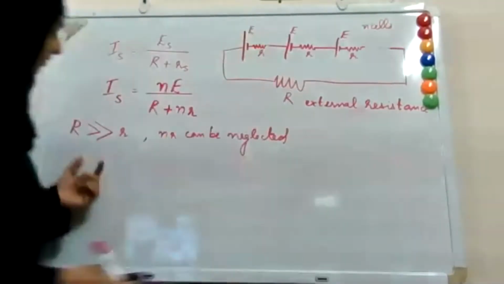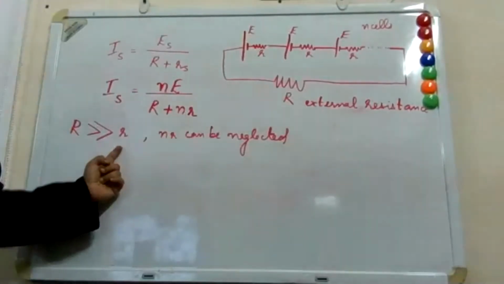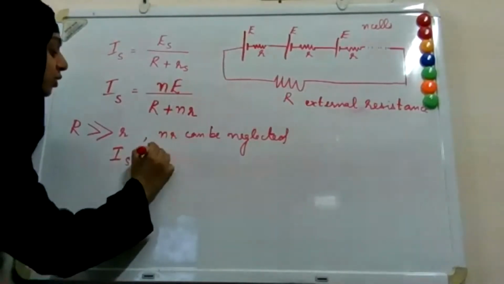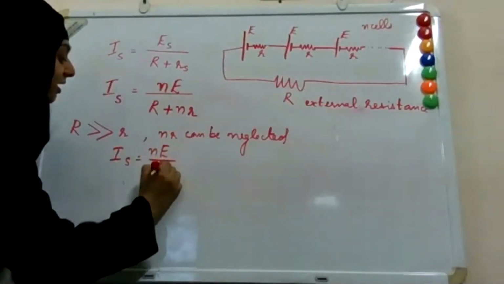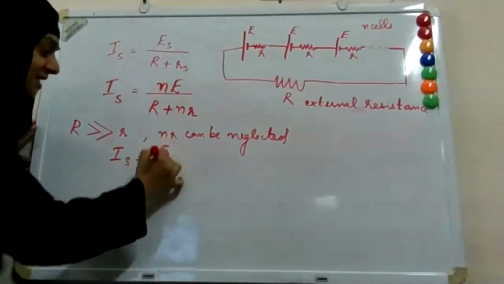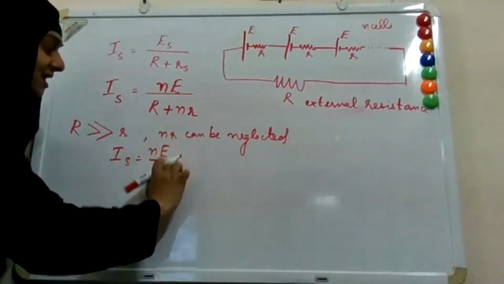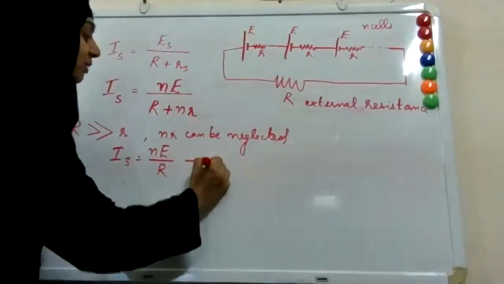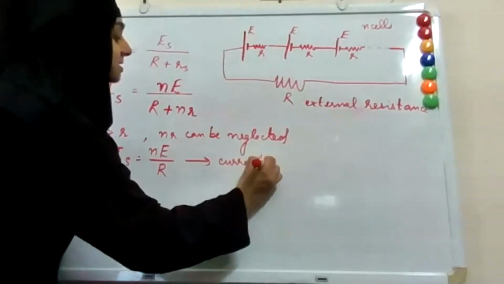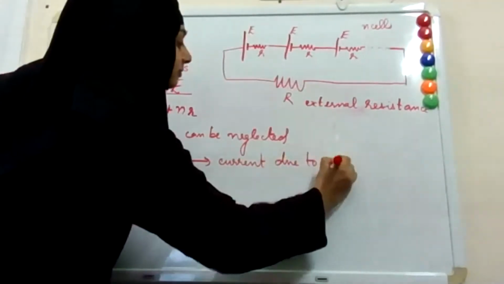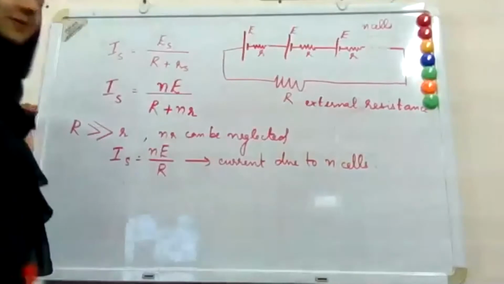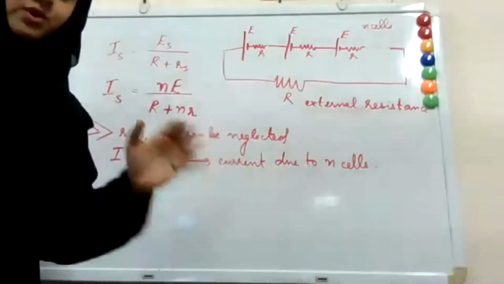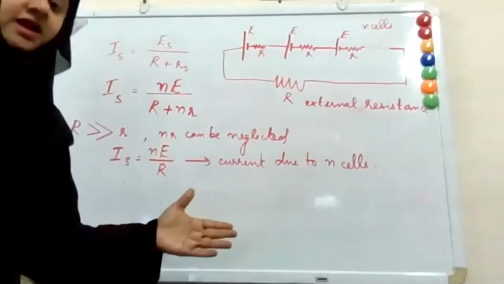That is why I'm telling, if capital R is very much bigger than small r, we can neglect nr and Is will be equal to nE divided by R. What is E by R? E by R is the current due to one cell. So this will be the current due to n cells. Suppose one cell can provide 5 ampere current, it's an exaggeration.